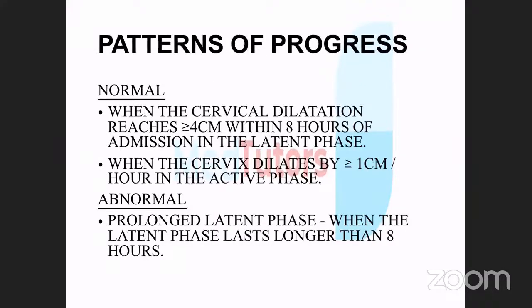What is the pattern of progress? The pattern of labor progress is described as normal when the cervical dilatation reaches 4 centimeters or more within 4 hours of admission in the latent phase, and when the cervical dilatation occurs at a rate of more than or equal to 1 centimeter per hour in the active phase.